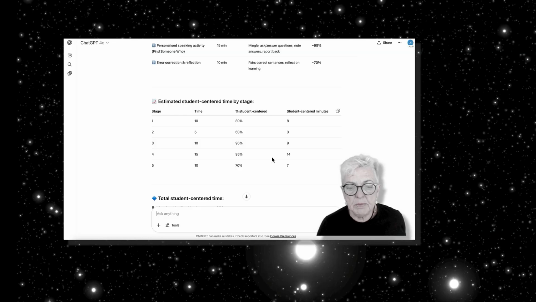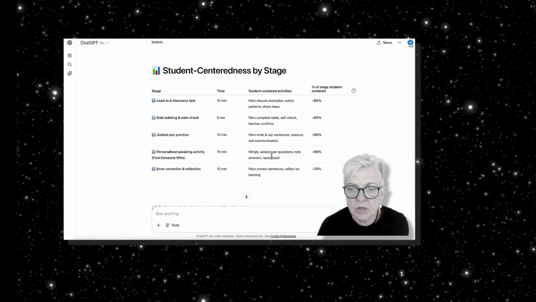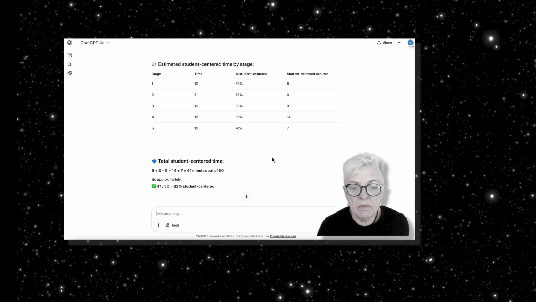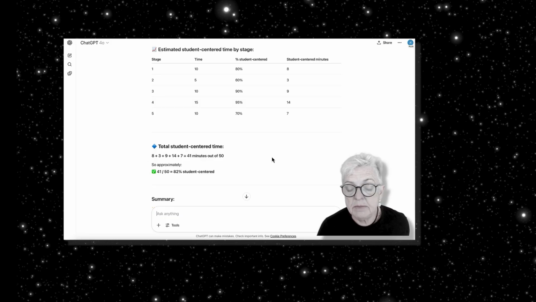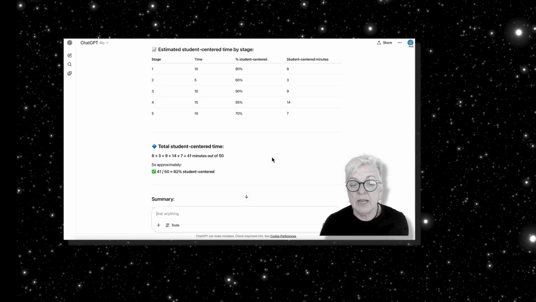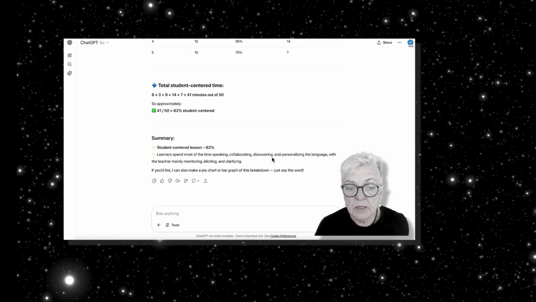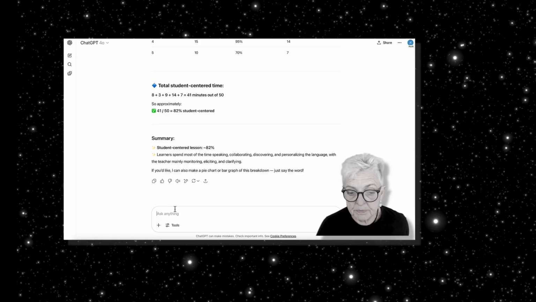And now we have the same thing in minutes. So this is as a percentage. Note the student-centred. And now we have totals. So 18%, is that right? 18% of that is teacher-led. It's a very good percentage. Students doing most of the work 82% of the time.